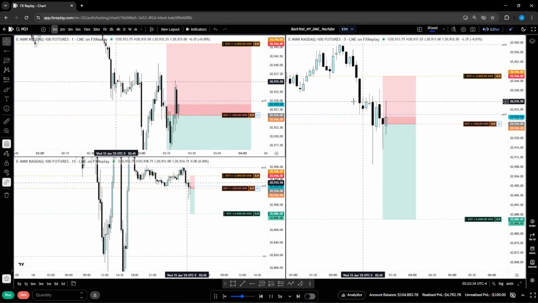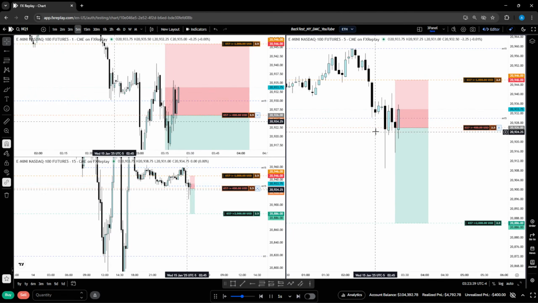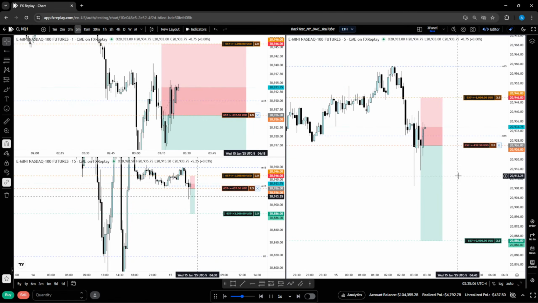Failed this level in 5 minutes so far. We're also having problem going through this level, so it's not very clear yet.